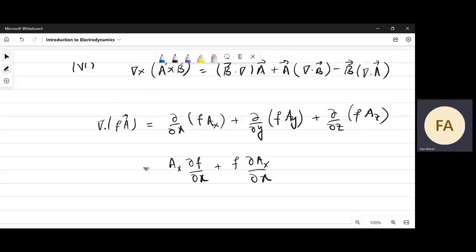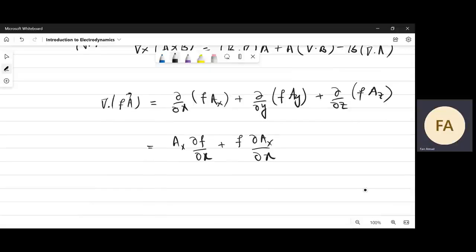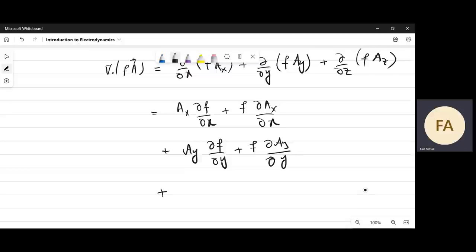Similarly, for the y component, we have Ay partial f over partial y plus f partial Ay over partial y. And the same goes for the z component: Az partial f over partial z plus f partial Az over partial z.